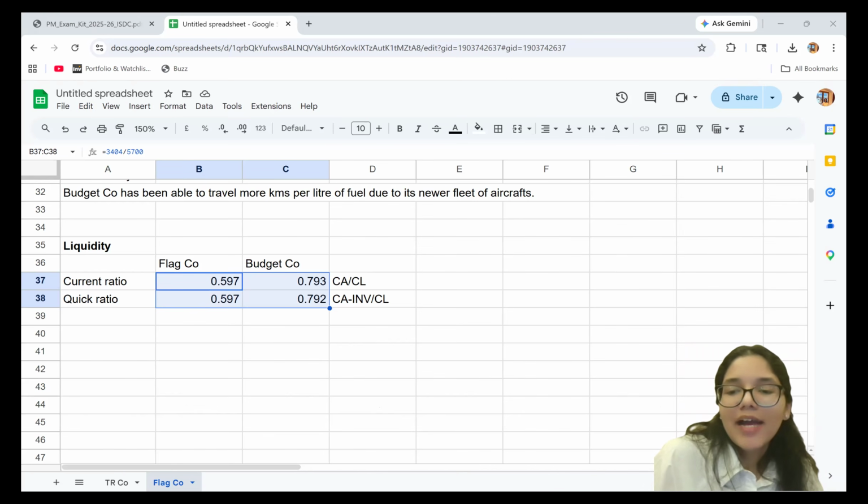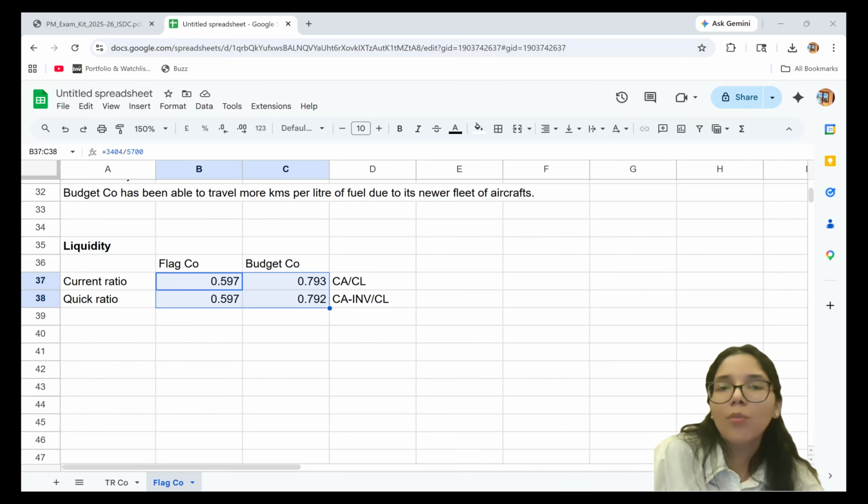Yeah, generally we can write that this could be an industry standard. 2:1 is the ideal, but maybe in the airlines industry, this is the norm of the industry, how things work over here. We can say that. Because we cannot really identify any particular reason why there's a difference over here, we can give a generic answer.